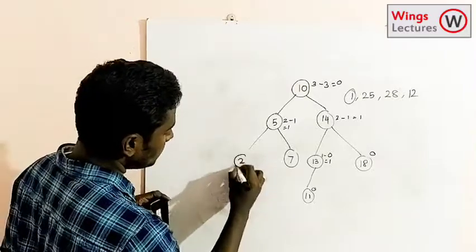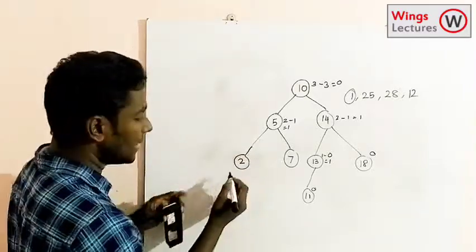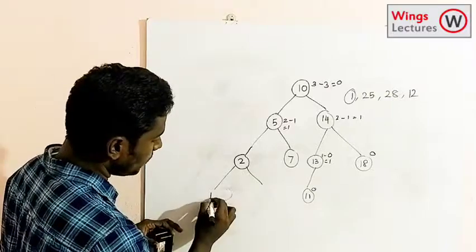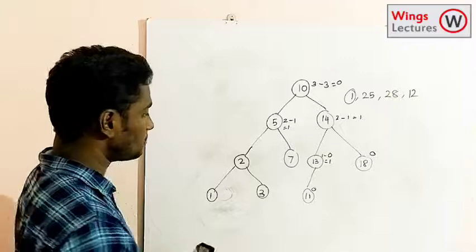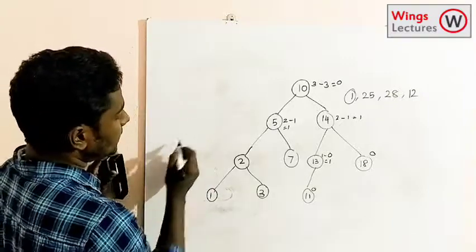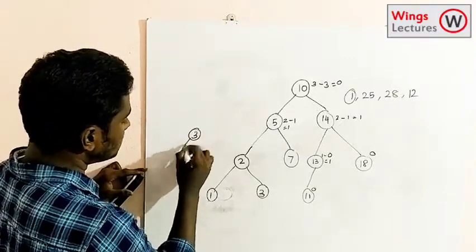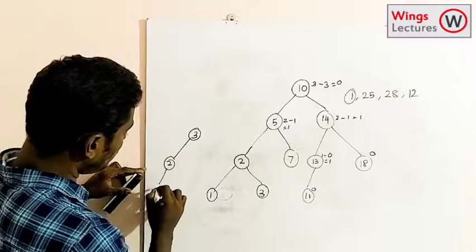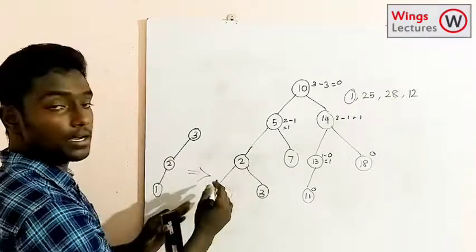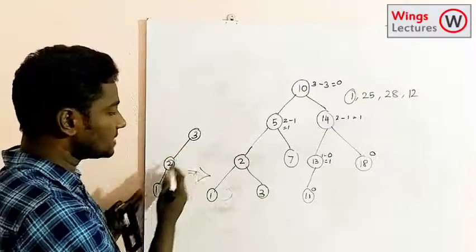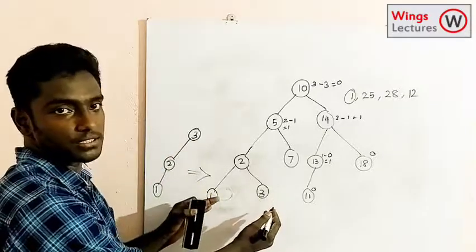I have to keep 2 as my root node and 1 as left subtree and 3 as right subtree. Already we have a tree structure like this: 3, 2, 1. So I have changed this. I have rotated this structure into the balanced structure.